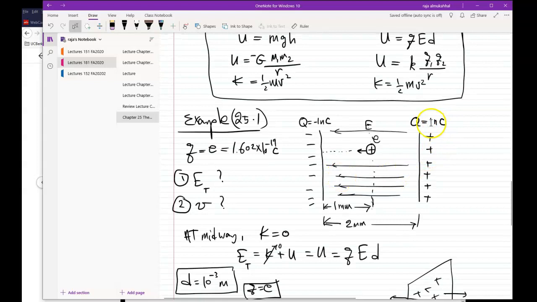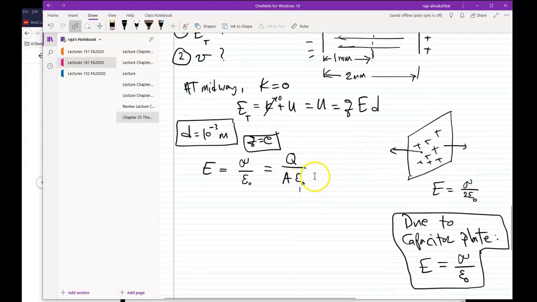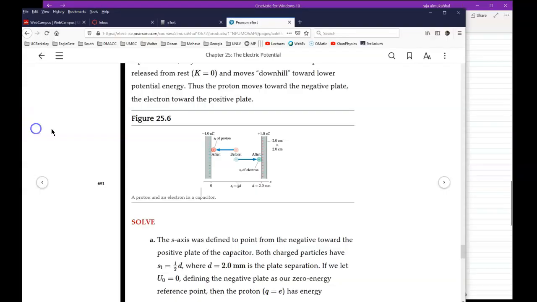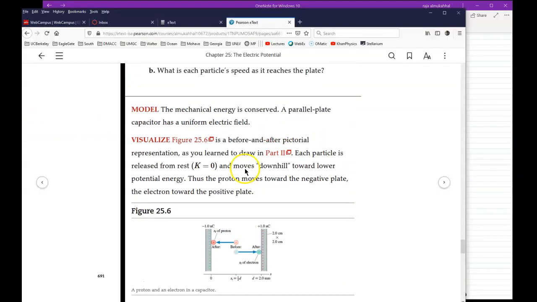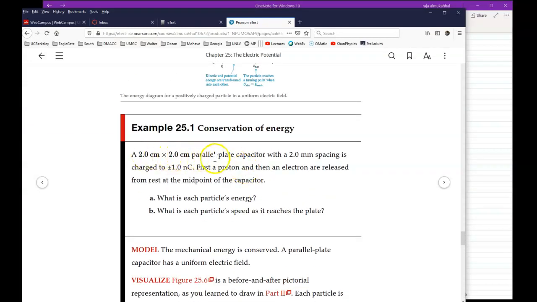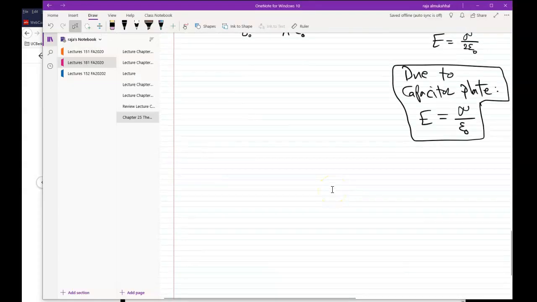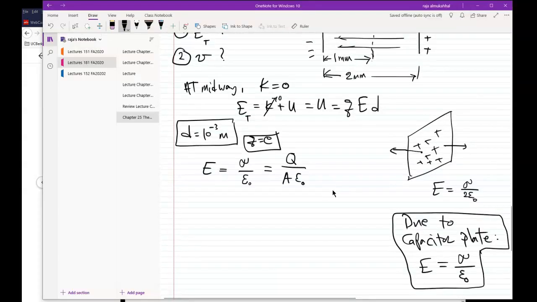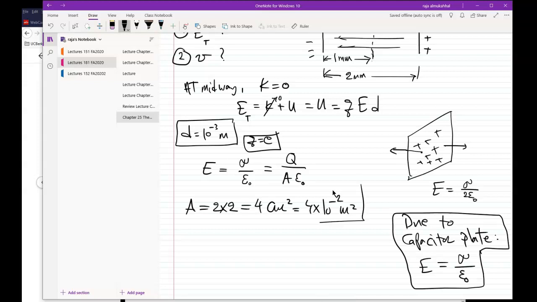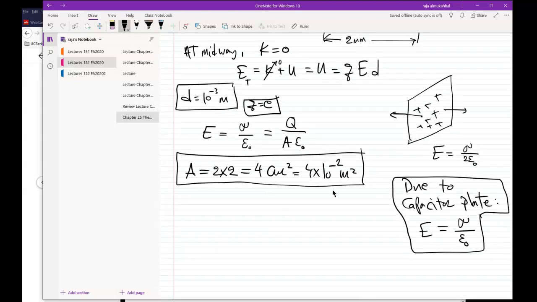He said the charge is 1 nanocoulomb, and the area, well, he said in the problem, a 2 by 2 plate capacitor. So here I can find the area. So the area here is 2 times 2, which is 4 centimeters squared, or 4 times 10 to the negative 2 meters squared. There we go. I got the area. Okay. And then Q is given to me.